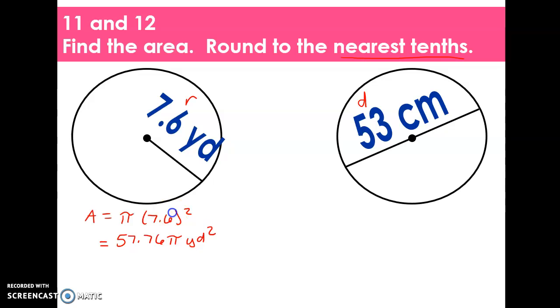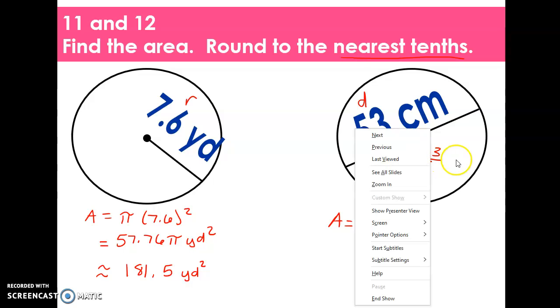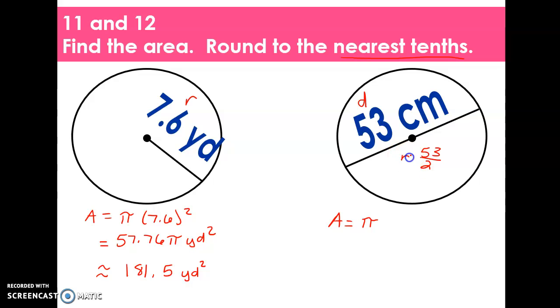And we want to toggle that so that we get an approximation to the nearest tenth. We have 181.5 yards squared. There's no pi in the answer here. For this one, I'm going to have my area equals pi times my radius squared. I divide by 2 to get my radius, 26.5.